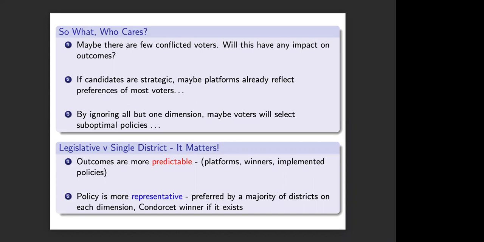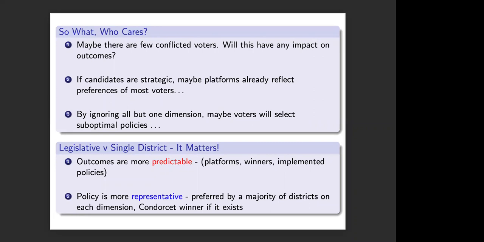And there's a bunch of different results, but I'll tag them into two silos. The first case is that outcomes in a legislative election are more predictable than they are in a single district election, right? Why is that so? Well, it's because in a single district election, the equilibrium is that candidates are going to play a matching pennies game. They're going to randomize their policies, right?